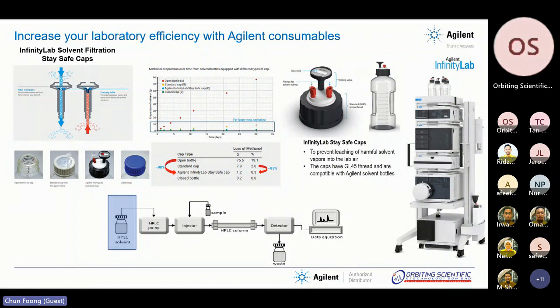Some of them may need TFA added, which is very smelly. If we don't close the mobile phase bottle properly, they will eventually vaporize, and the vapor will go into our laboratory environment. This is not good for our health.